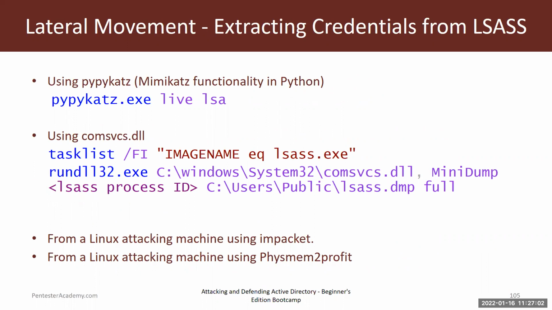Because it is Python, you can run it on both Windows and Linux. You can also use tools like comsvcs.dll with rundll32. Both comsvcs.dll and rundll32.exe are Microsoft signed, so you can use them to avoid some application allow listing solutions.